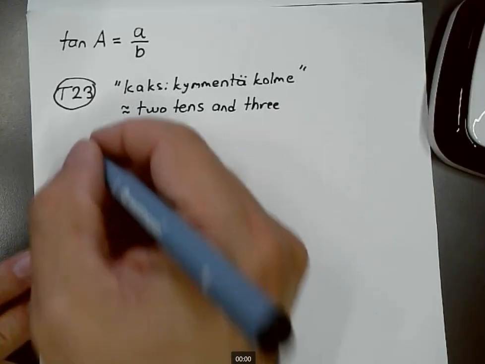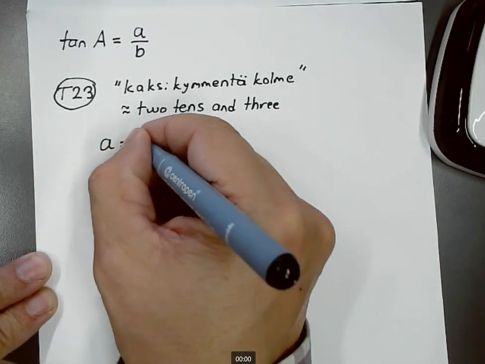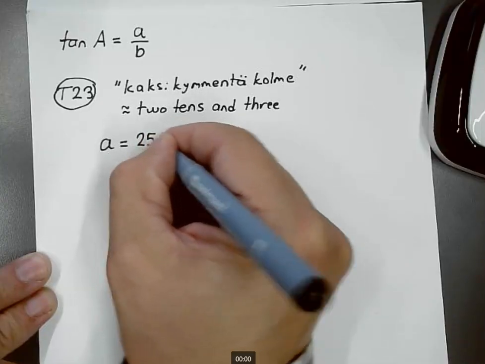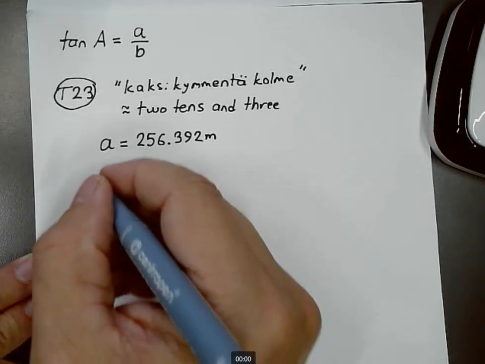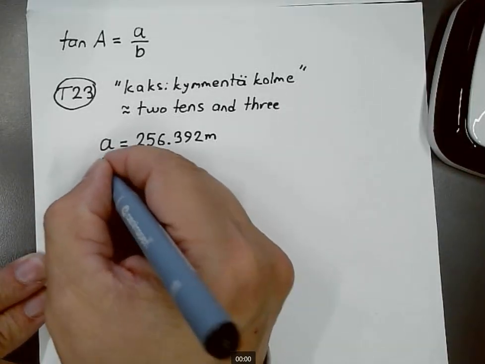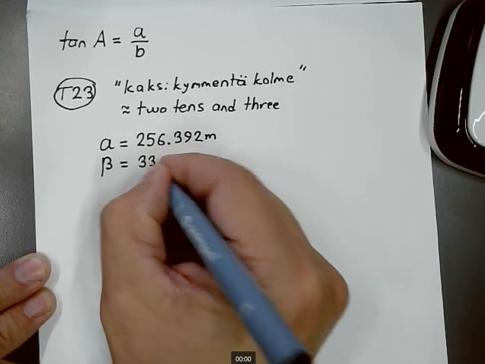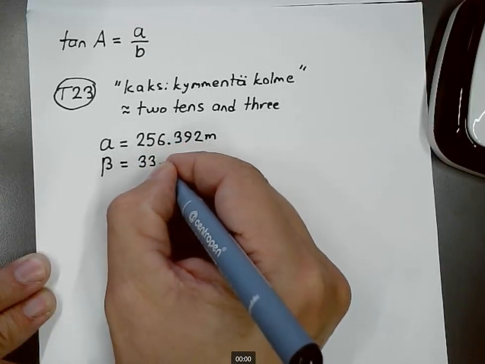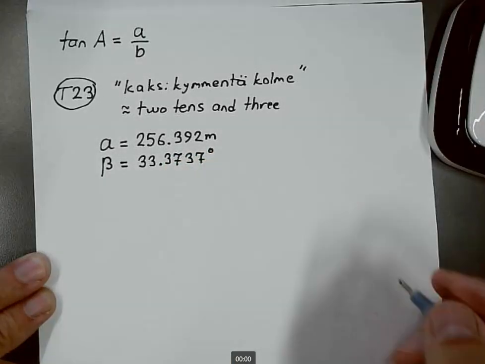So we have now A equals 256.392 meters, and then we have the angle B, beta, 33.37 degrees.